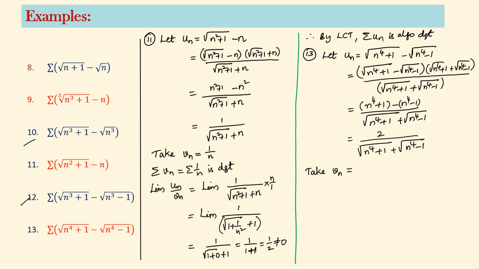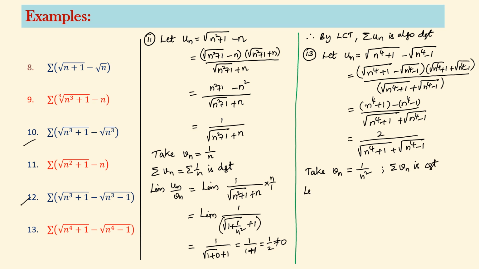There are no n factors in the numerator, so taking 1 in the numerator, and in the denominator the highest is the square root of n power 4, which is equal to n square. So let us take Vn as 1 by n square. So summation Vn is convergent by P series test.